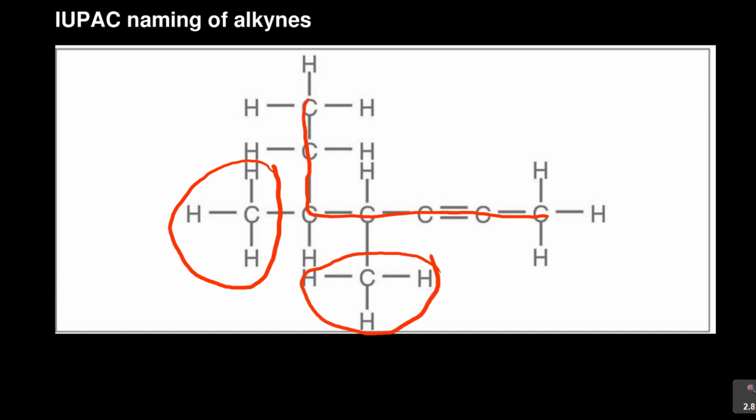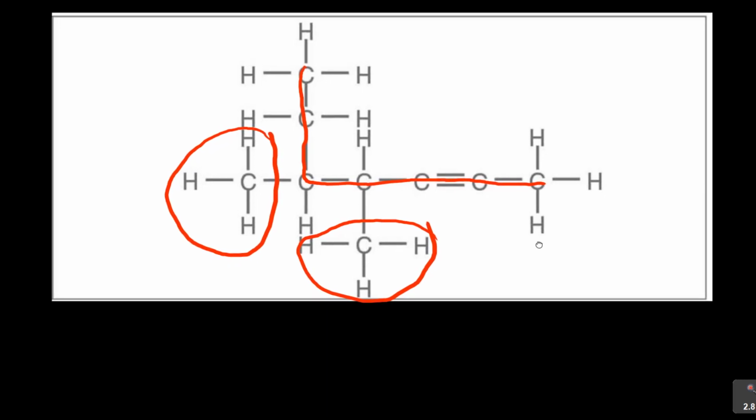You see that? So if I can now draw the structure, as I keep on saying, you can draw the structure as a condensed structural formula. You can draw it like this to say I've got CH3. Let me use a different pen.